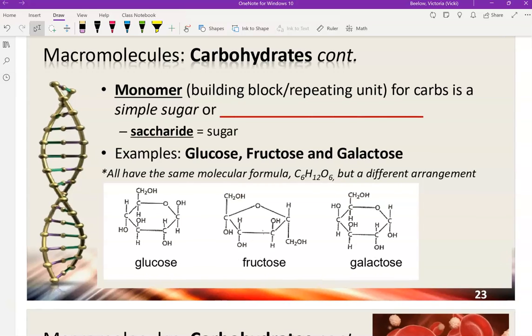Like I said, monomers, remember, mono means one. Those are building blocks or repeating units. For carbs, it's a simple sugar: glucose, fructose, galactose. Mono, which makes sense, saccharide. Mono means one, like we talked about with the monomer, and saccharide actually means sugar. So literally one sugar, or a simple sugar.